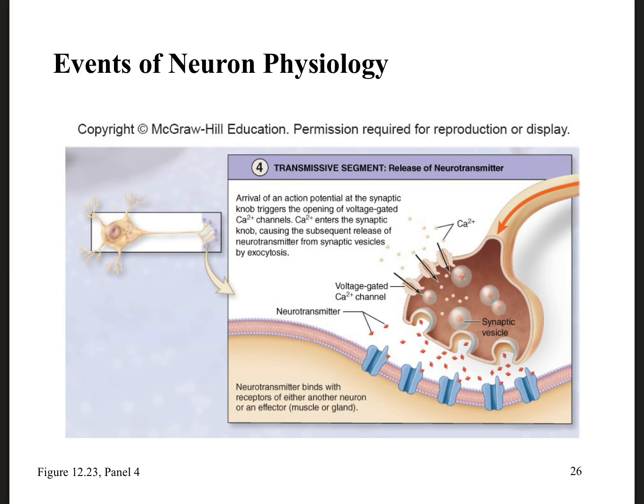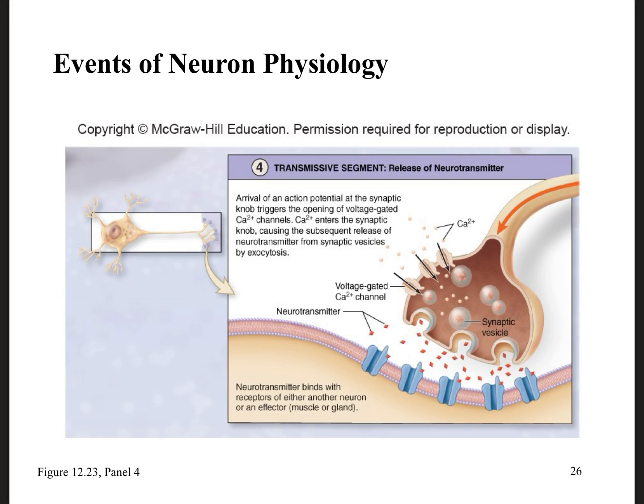Calcium moves into the cell and triggers the release of neurotransmitters from the axon terminus via exocytosis. Then the neurotransmitter is released into the synapse, diffuses across the synapse, binds to its receptor, and then the process starts again on the targeted neuron.